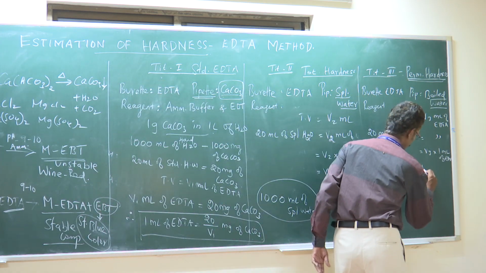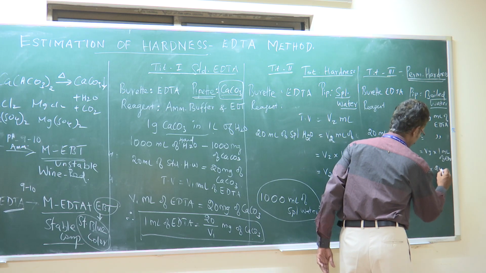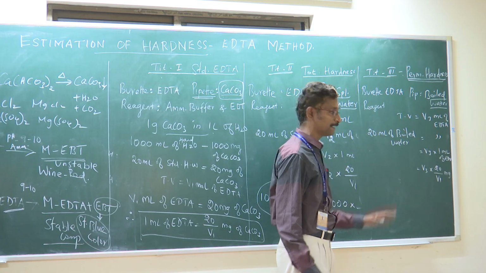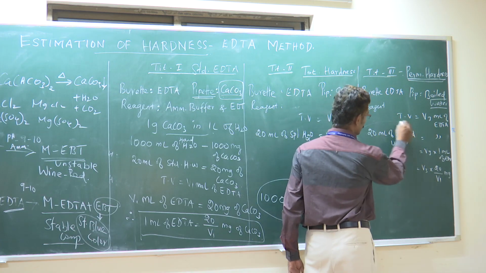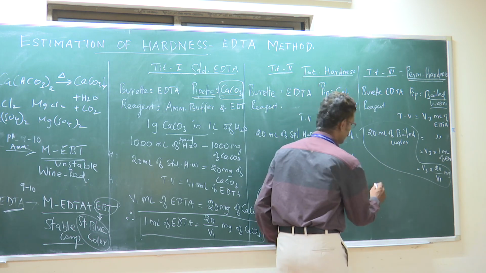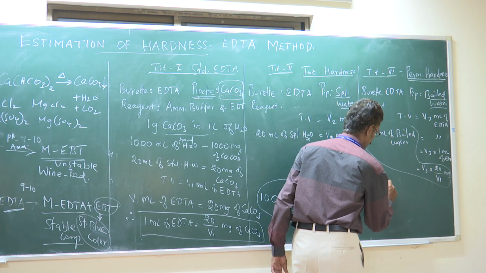So V3 into 20 by V1 milligram of calcium carbonate equivalent. This value corresponds to 20 ml, so from this we can easily calculate 1000 ml.